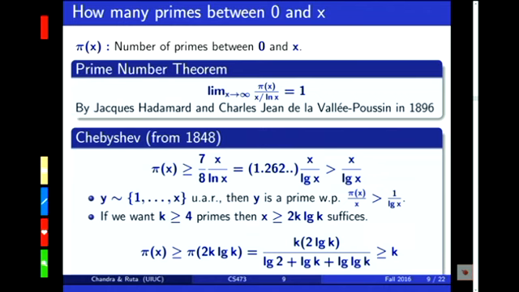And if I plug in the lower bound, this has to be greater than, sorry, if I plug in this inequality here, then I get k times 2 log k, just rewriting this, divided by log of this, which is log 2 plus log k plus log log k. But this denominator is at most 2 log k. So this is at least k.